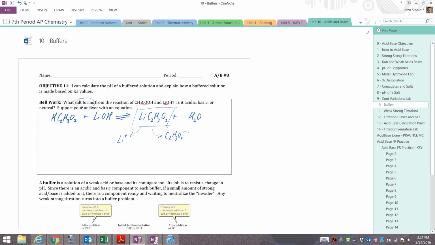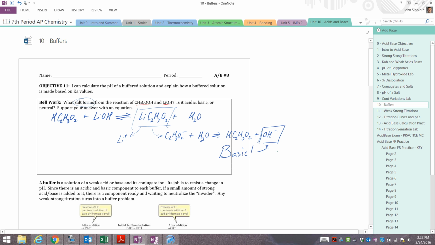The acetate ion, though, if we put that in the water, you're going to form acetic acid and OH minus. So is the solution neutral, acidic, or basic?